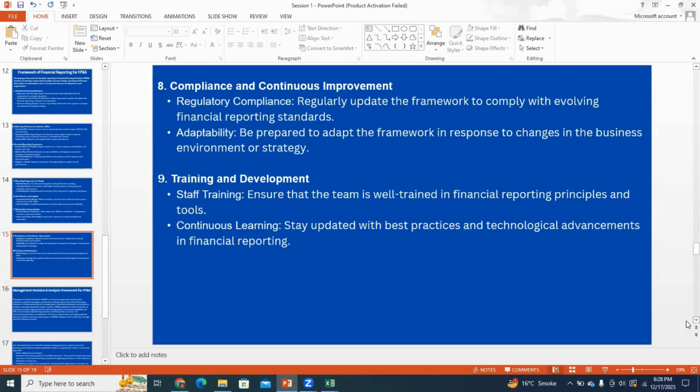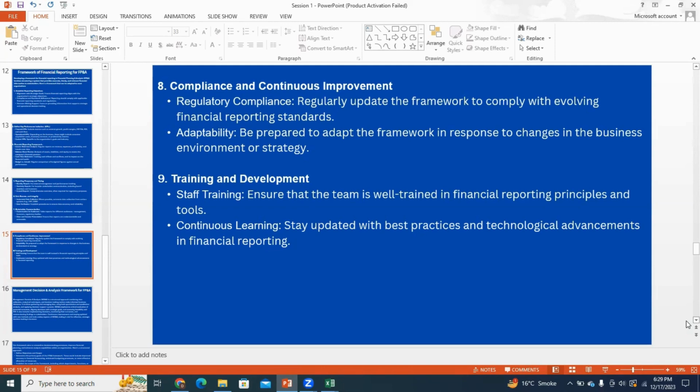Adaptability: be prepared to adapt the framework in response to changes in the business environment or strategy. Yes, this is very important: the report should be user friendly and easily changeable when the business environment changes or there is any new requirement.